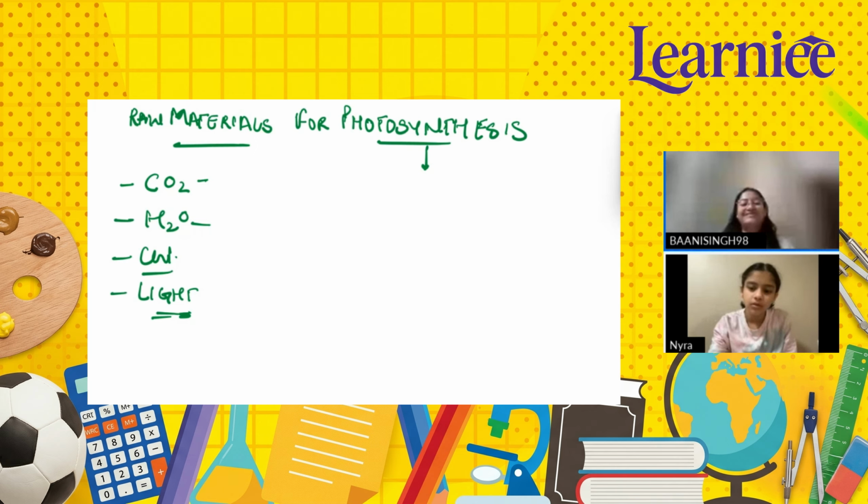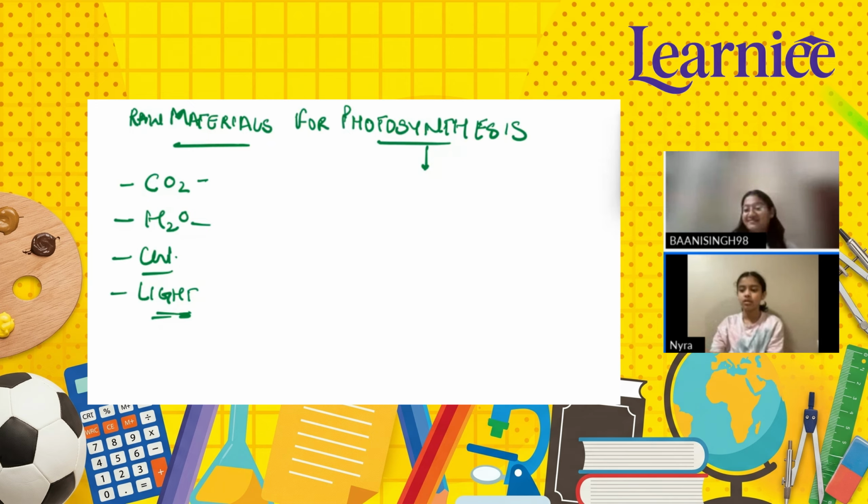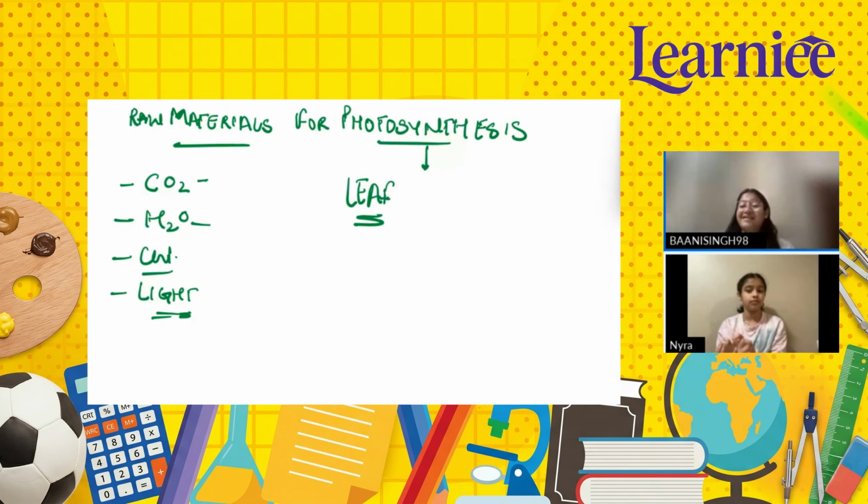Roots and leaves and stem, or where? You are telling me the different parts of the plant. I am asking you just what is that part of the plant known as where photosynthesis takes place particularly? Leaf. Yes, it is the leaf.